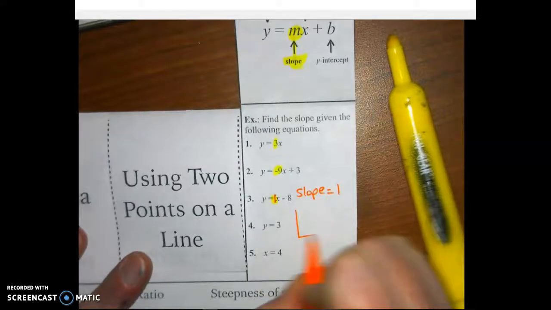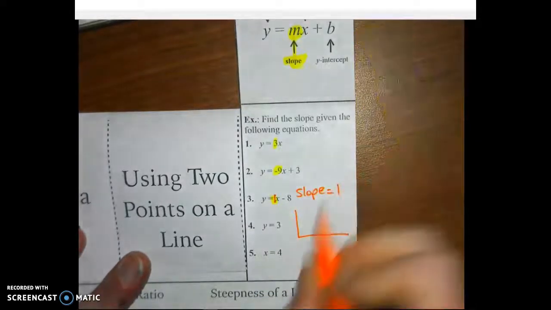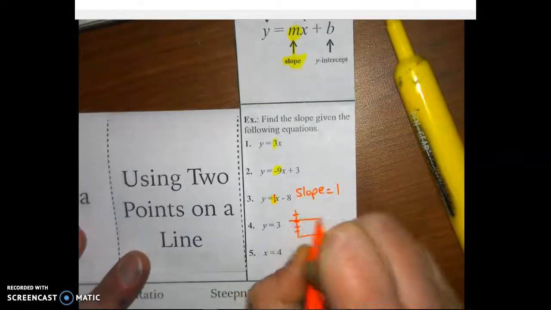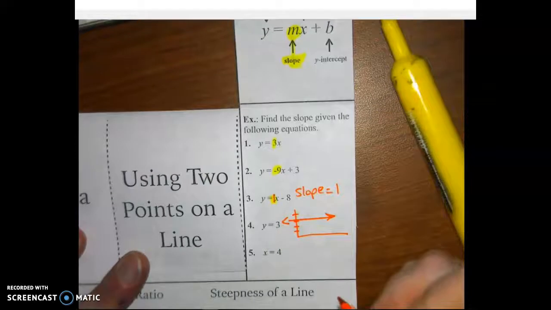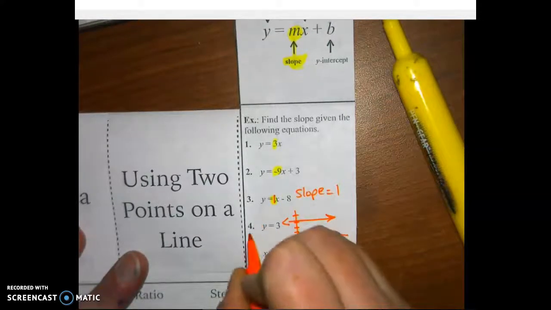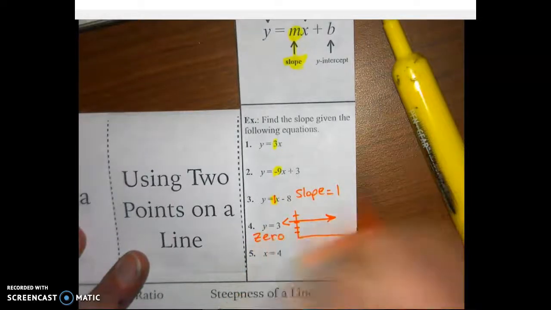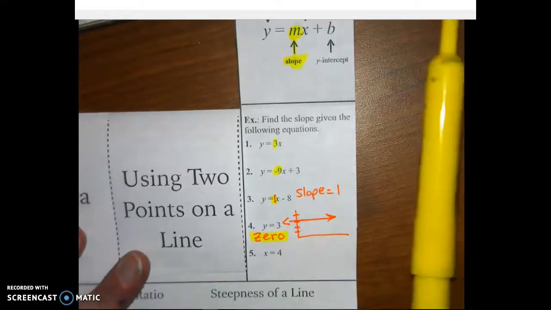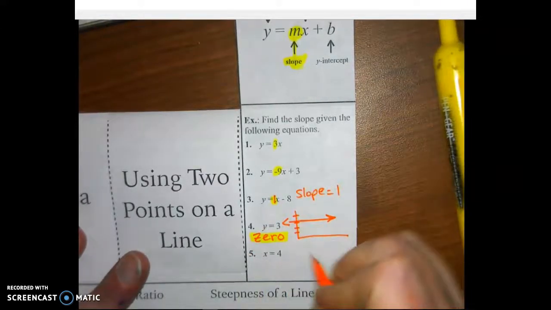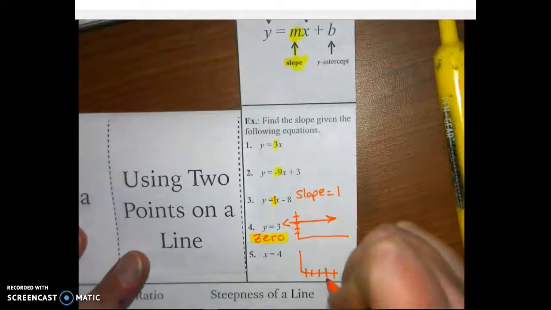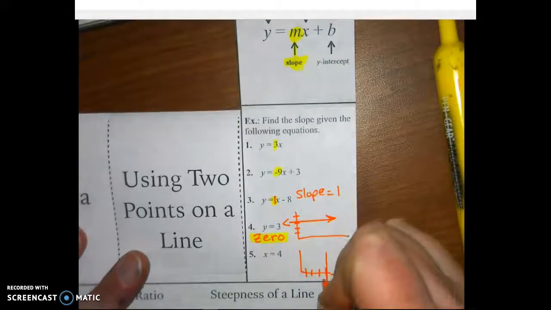This one's tricky. If I make a little graph, and I were to graph y equals 3, that would look like this. So for this, my slope is 0. It's not nothing, but my slope is 0. For x equals 4, if I graph it again, 1, 2, 3, 4, here's x at 4.